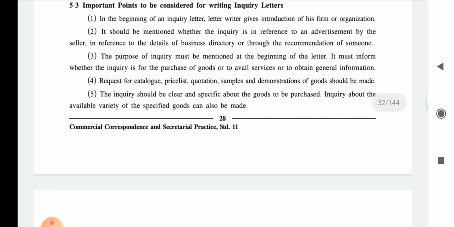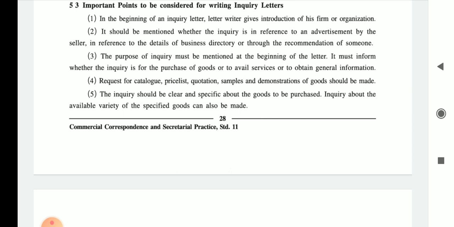Second, it should be mentioned whether the inquiry is in reference to an advertisement by the seller, in reference to the details of a business directory, or through the recommendation of someone. See, the second point which you have to mention in your inquiry letter is from where you were able to get the information about our business and why you have written to us.